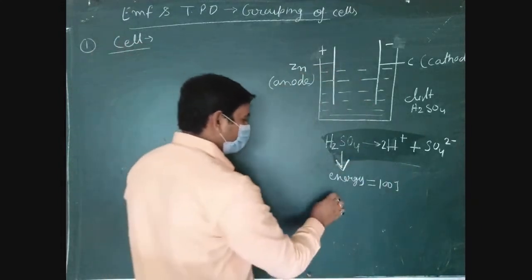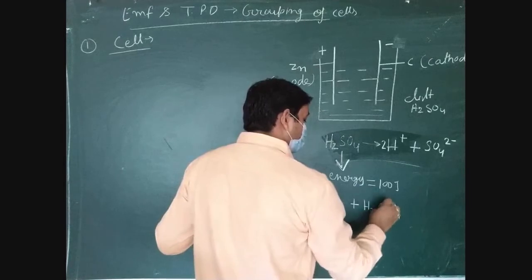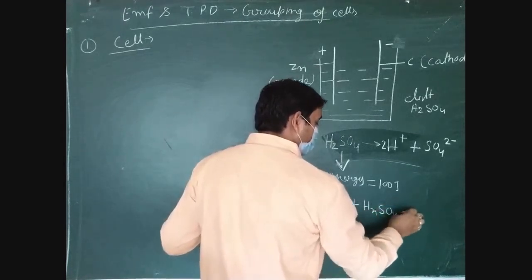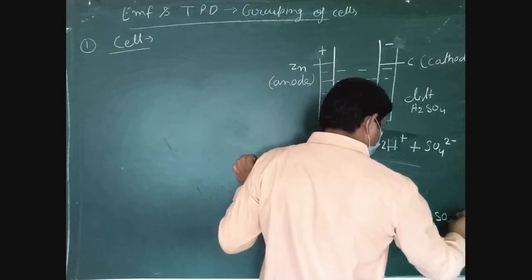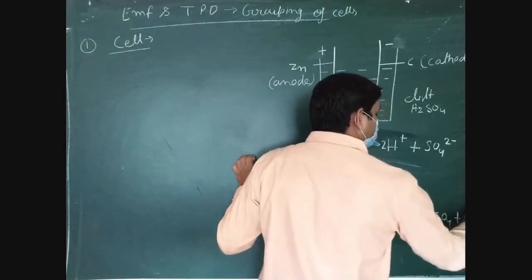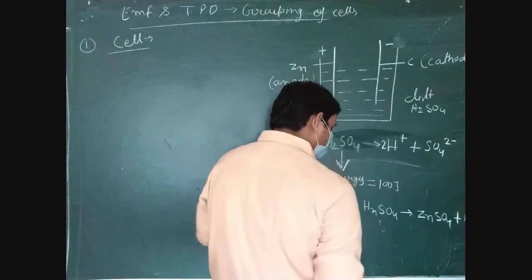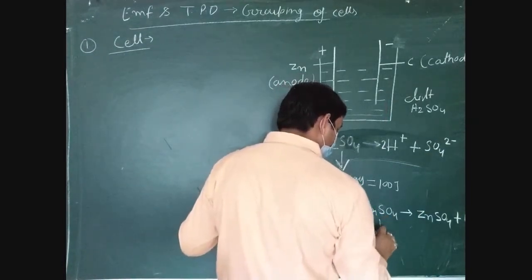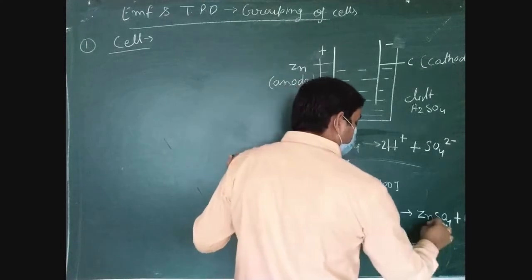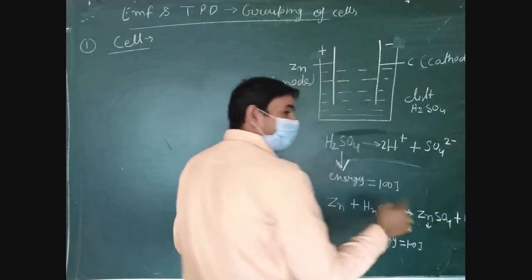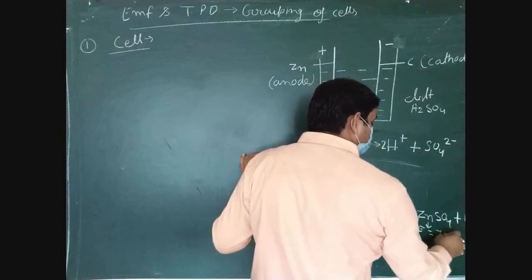Now, when this H2SO4 reacts with the zinc rod, it forms ZnSO4, and hydrogen gas is released. The energy for this is about 100 Joule, and the energy required to form one molecule of ZnSO4 is about 70 Joule.